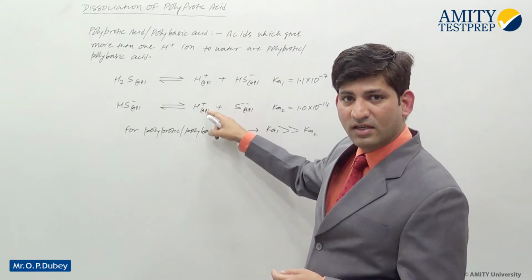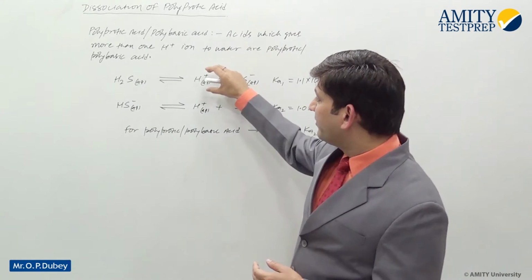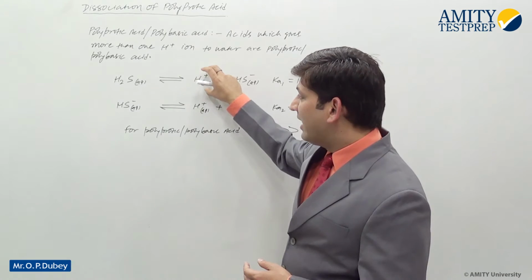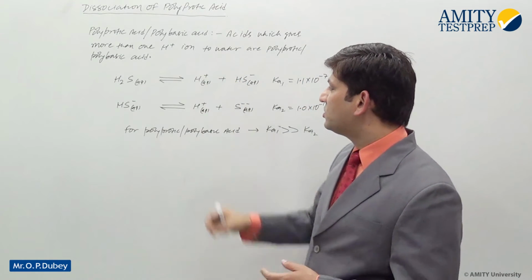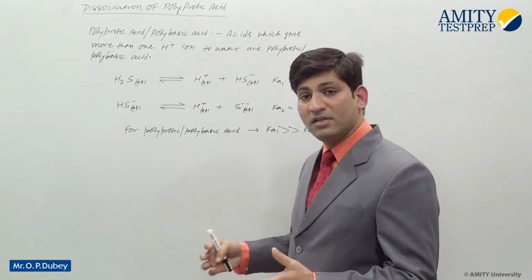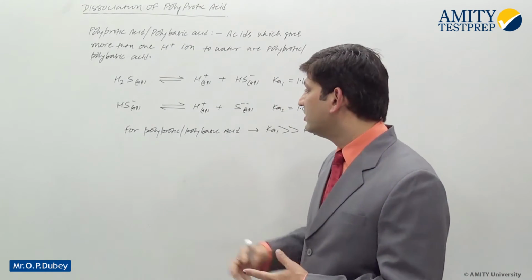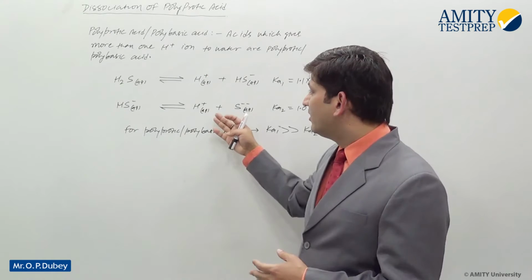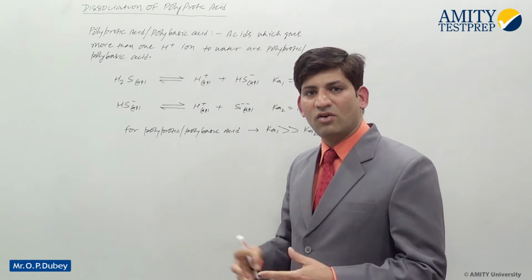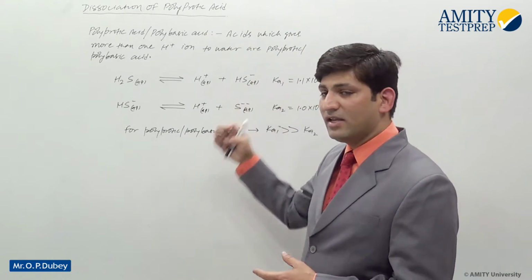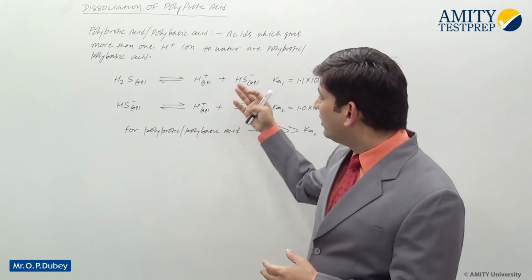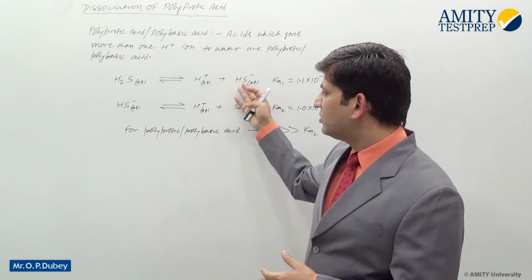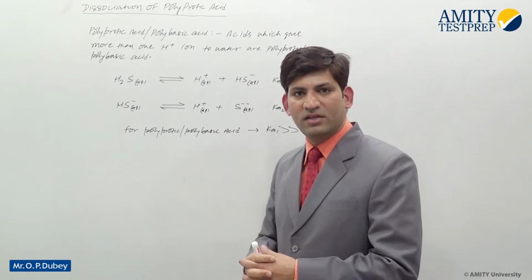That's why we can calculate the H plus ion from the first step, not from the second. Therefore, the calculation of H plus ion concentration, HS minus anion concentration and the pH of this solution can be done only by the first dissociation step, or first equilibrium step.